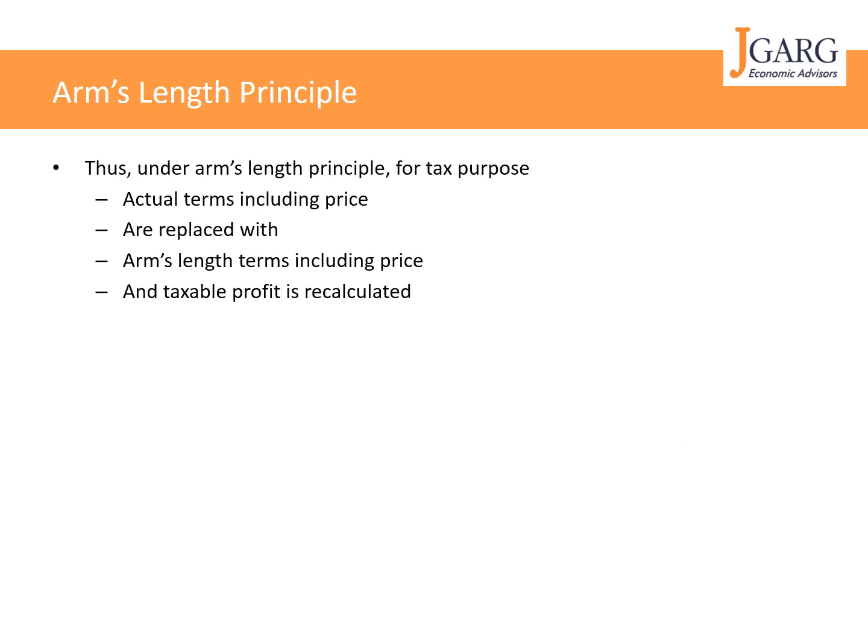So thus, under arm's length principle for tax purpose, actual terms including price are replaced with arm's length terms including price and taxable profit is recalculated. So it is basically deriving price for controlled transactions.